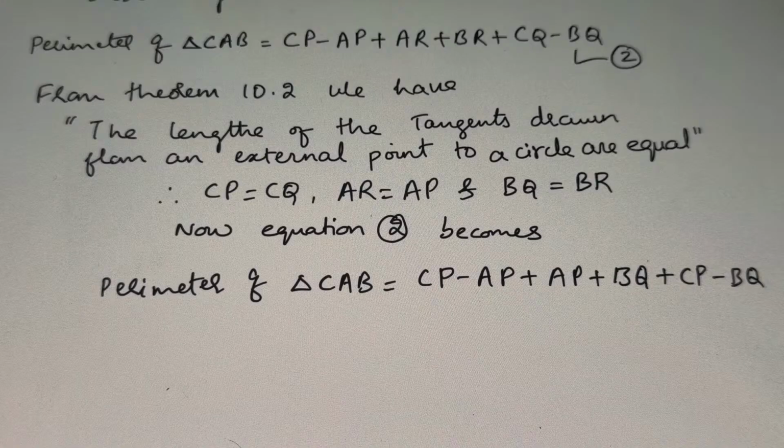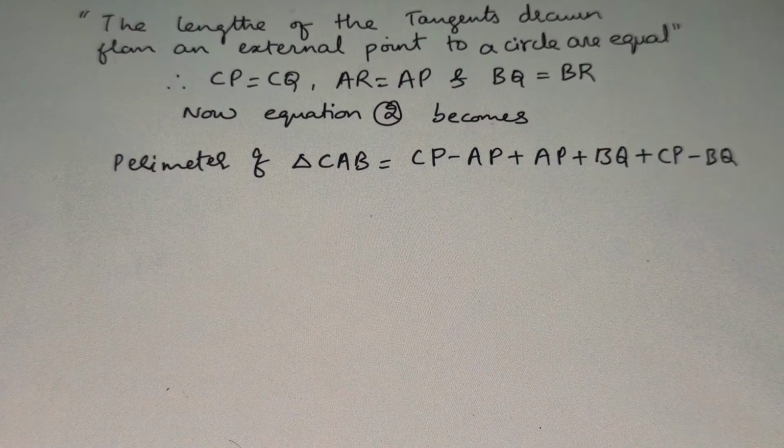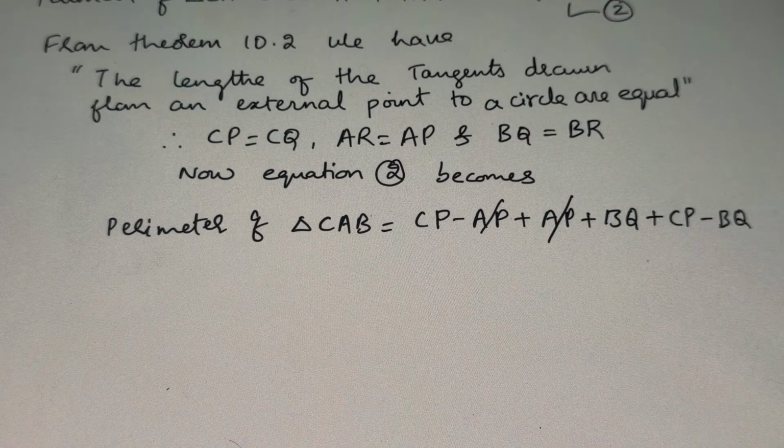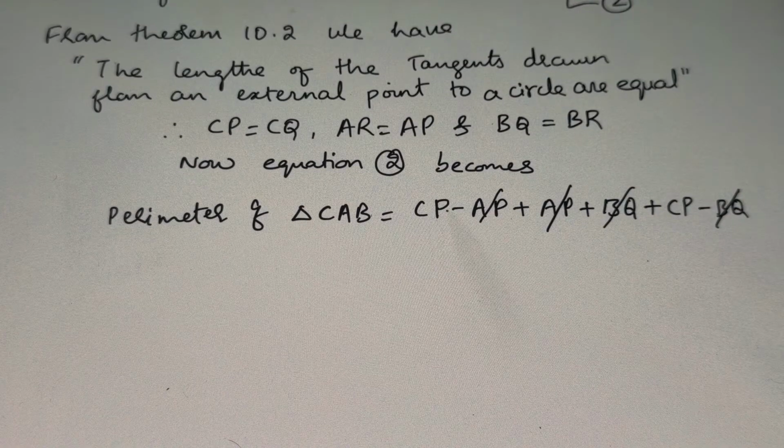So here we can cancel the same values with opposite sign. So plus AP and minus AP gets cancelled. Similarly, plus BQ and minus BQ gets cancelled. So we have CP plus CP, which is 2 CP.